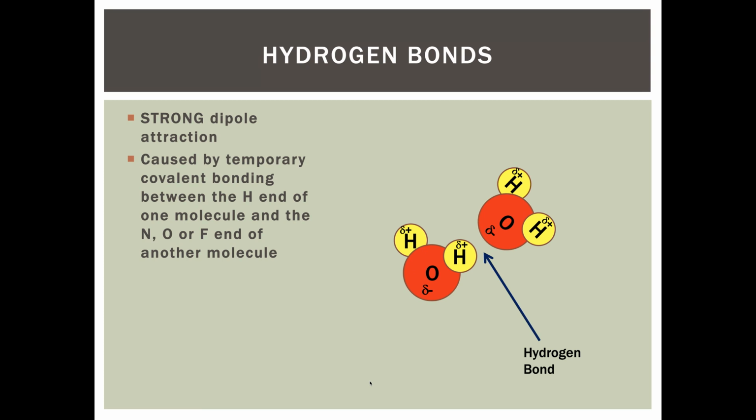This makes the attractive forces between water molecules extremely strong, strong enough that you can actually place an insect on the surface of the water, and it will walk on the surface of the water. It won't just sink. There's surface tension to the water.